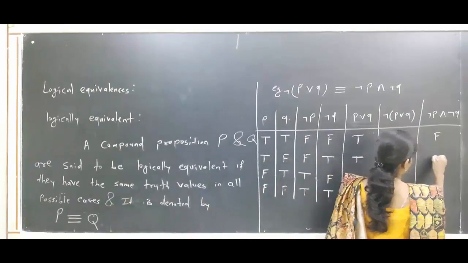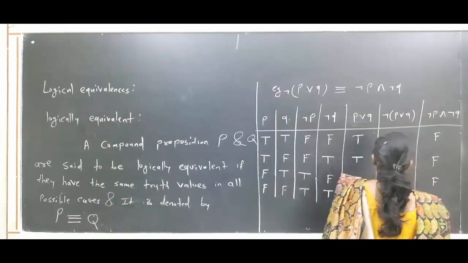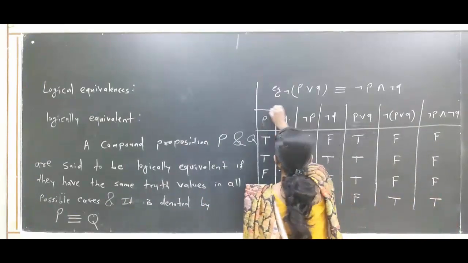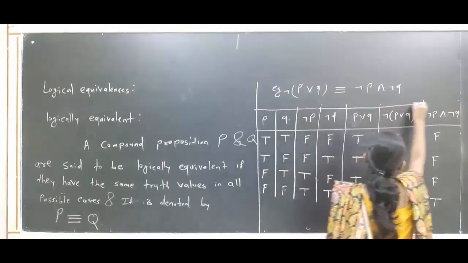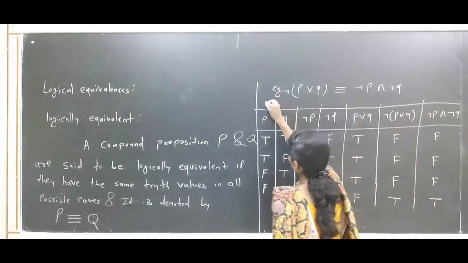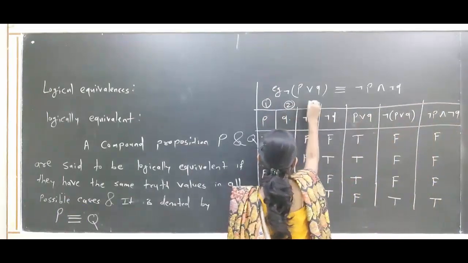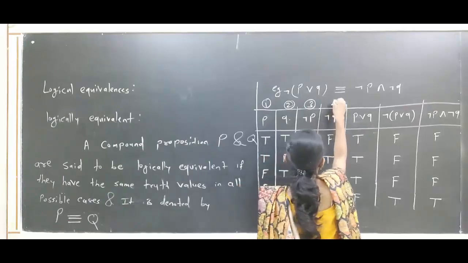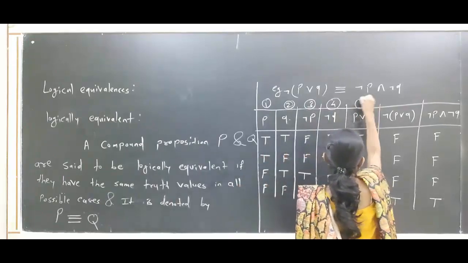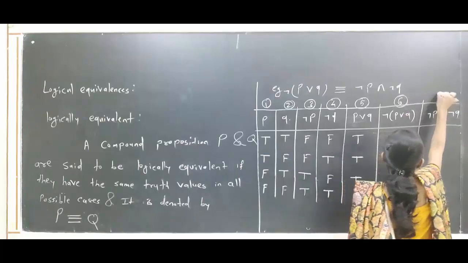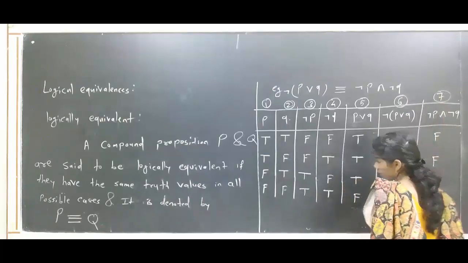So F, F, F. Right. Now give numbers to these columns: 1, 2, 3, 4, 5, 6 and 7.